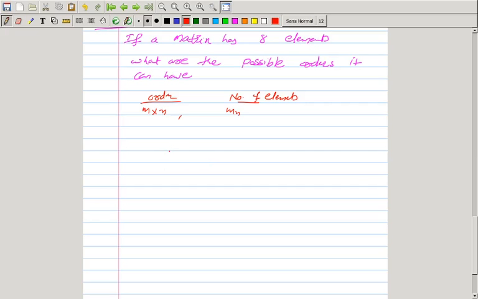is 8. So we'll start with 1 comma 8 will give us 8. Then our next pair is 2 comma 4, which will give us 8. 3 multiplied by any number will not give us 8, so that is not there. Then 4 comma 2 will give us 8.